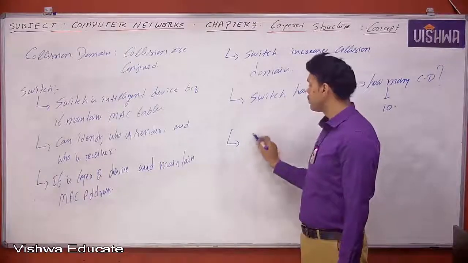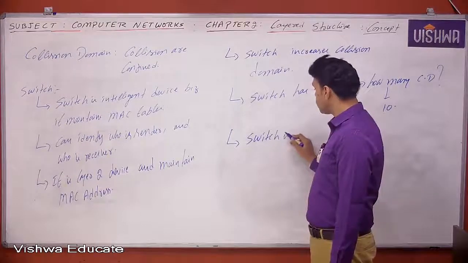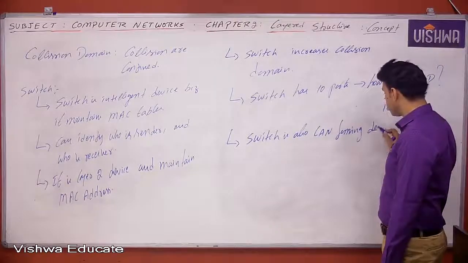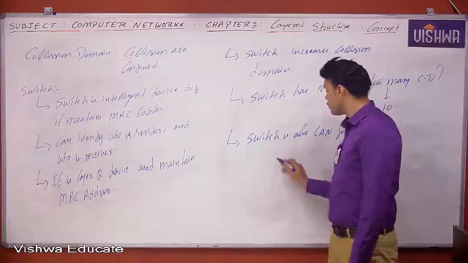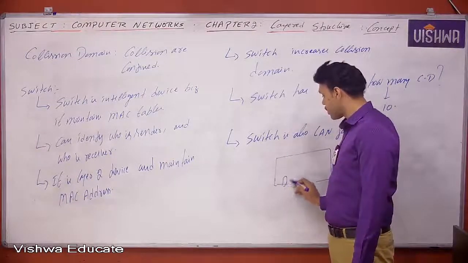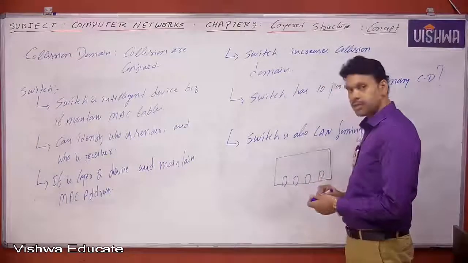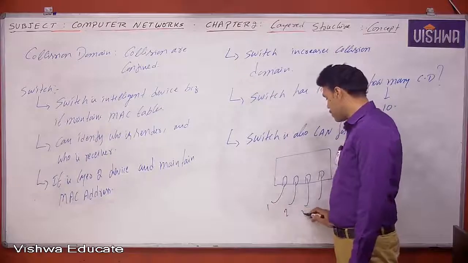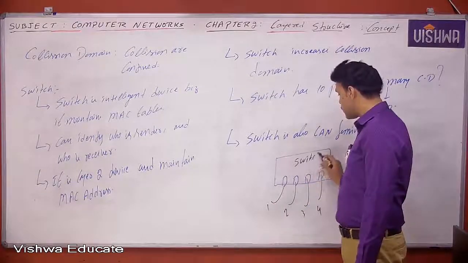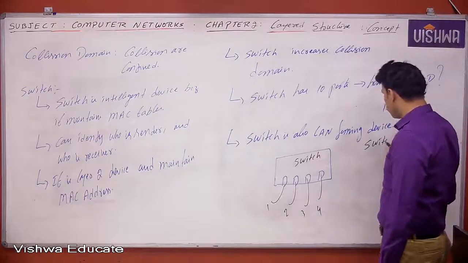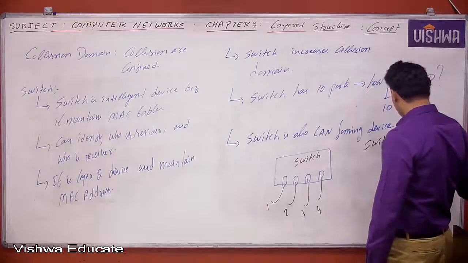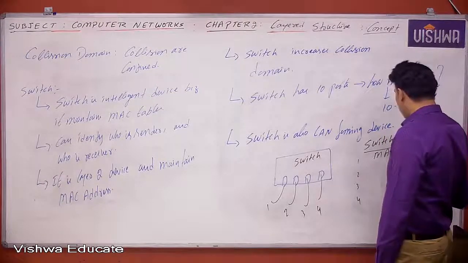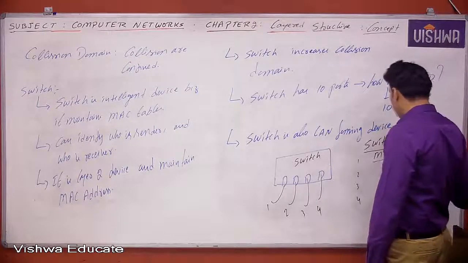Next point is switch is also a LAN forming device. When you talk about a switch, it consists of some ports and nodes are attached to that, 1, 2, 3, 4, and this switch maintains a MAC table. This table consists of 1, 2, 3, 4, and every node's MAC address it will maintain.